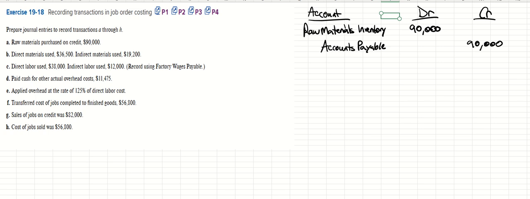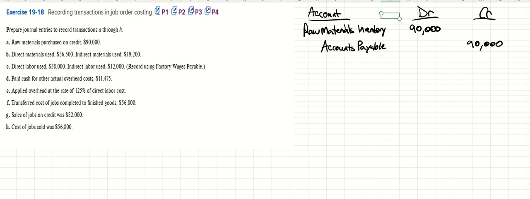Okay, so letter B, direct materials used was $36,500 and indirect materials used was $19,200. One thing to note is that direct materials used are going to be recorded in a different account than indirect materials used.